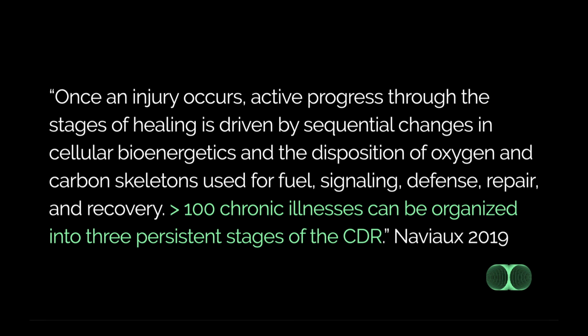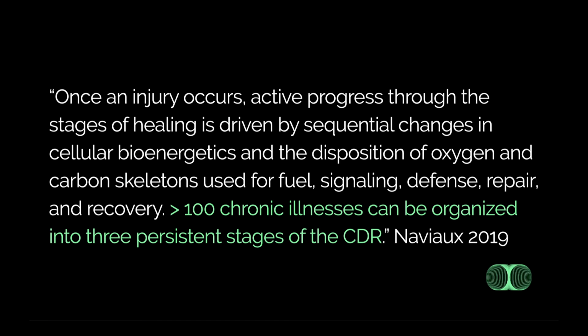So Bob Naviaux writes in one of his recent papers, once an injury occurs, active progress through the stages of healing is driven by sequential changes in cellular bioenergetics and the disposition of oxygen and carbon skeletons used for fuel signaling, defense, repair, and recovery.